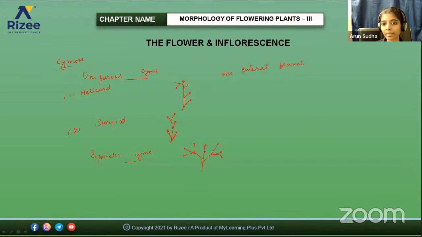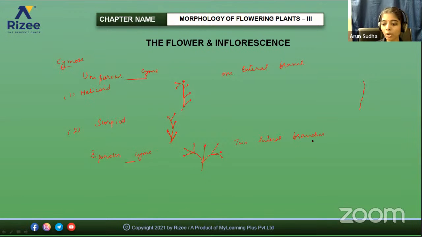This is biparous, that is, there is the presence of two lateral branches. It arises and it also ends, but the main axis ends in a flower. This is the main difference. If you see the racemose inflorescence, we saw that it is elongated, it doesn't end in a flower. So all these are the different types of arrangement of flowers.